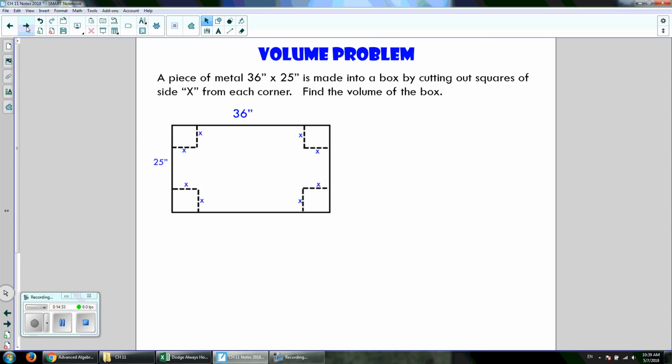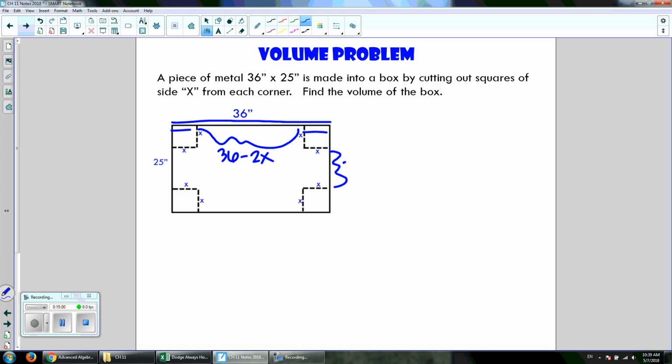Excellent. And one last one: a piece of metal was 36 by 25. It was made into a box by cutting out squares of x by x from each corner, so find the volume. So volume is length times width times height, right? So I need this dimension and this dimension. Well, if I know that this whole length is 36 and each of these pieces is x, I would say that this is 36 minus 2x.